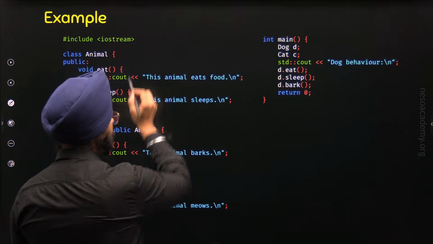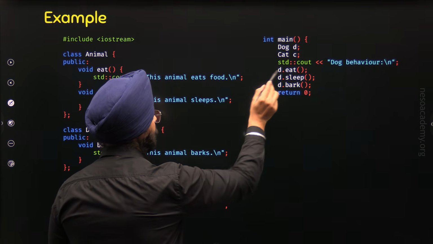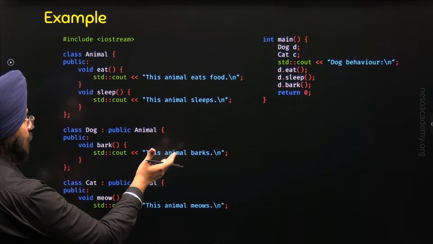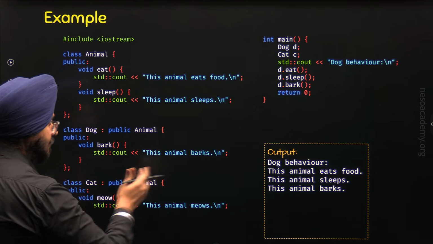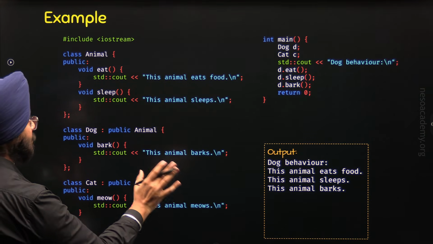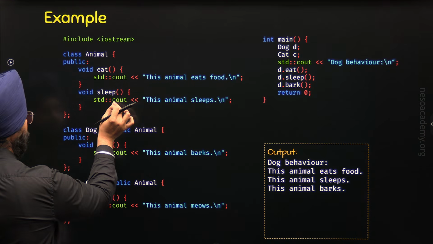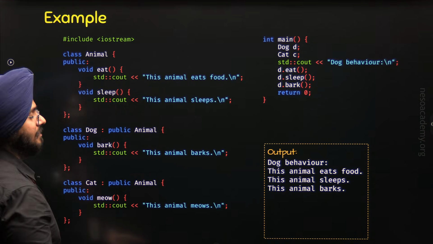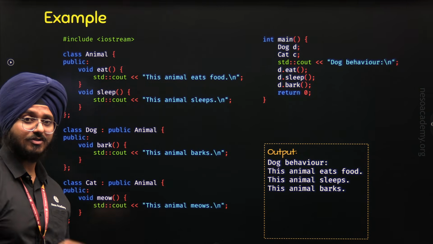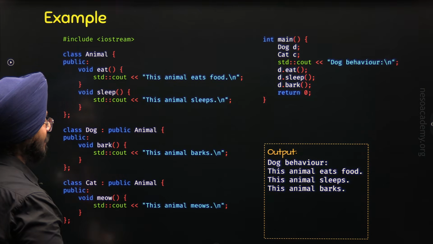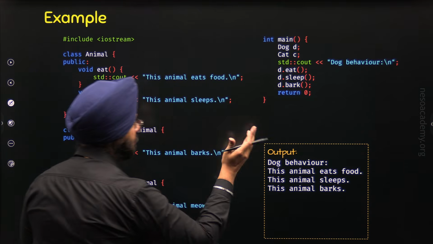Here I'm calling these functions through the object D. Now we know when we execute this program, we will get the output as expected. We are getting this output because we can access eat and sleep functions within this class. This means we can access these functions through the object of this class. That is why we are seeing this output.